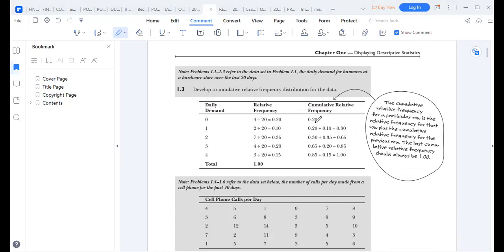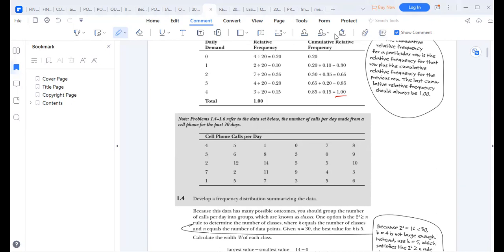Alternatively, you can bring the 0.2 here. We add the 0.1, get 0.3. We add 0.35, we get 0.65. We add 0.2, 0.85, and we add to get the last number, which is 1.0. So this is how we come up with the relative cumulative frequency.